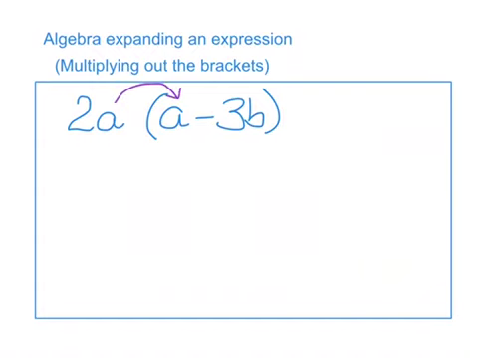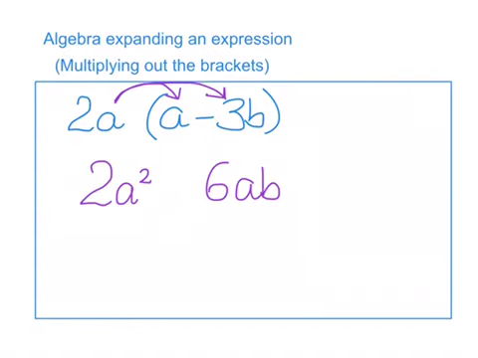So 2a multiplied by a is 2a squared, because it's 2a times by a. That's going to be 2a squared. And then I've got 2a multiplied by 3b. Now, 2a times by 3b, 2 times 3 gives me 6, and a times b is just written as ab.